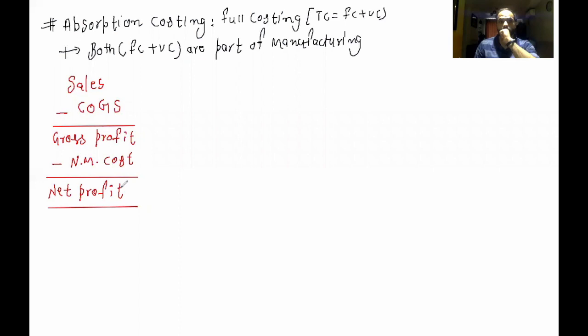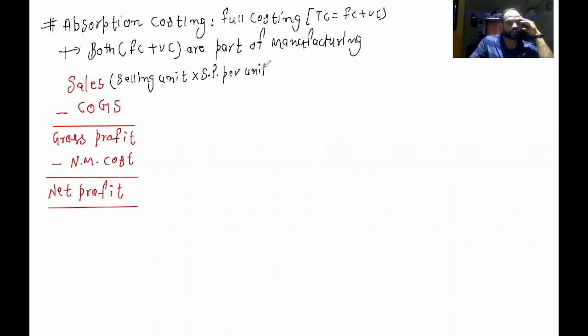It's a net profit. Right? So how to calculate sales? You know that, how to calculate sales. Sales units, or selling units, let's say selling units, multiplied by selling price per unit. That's your sales. That's your total sales.